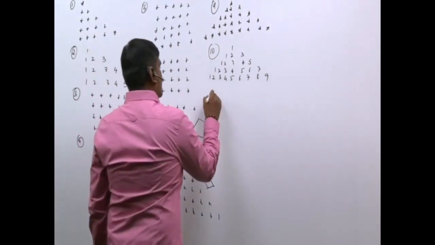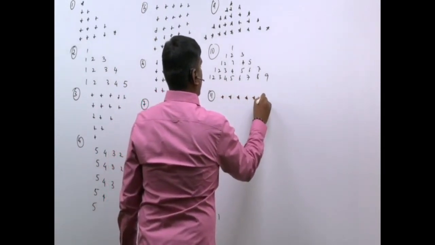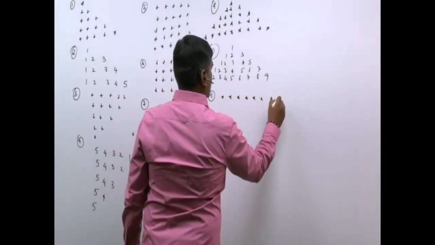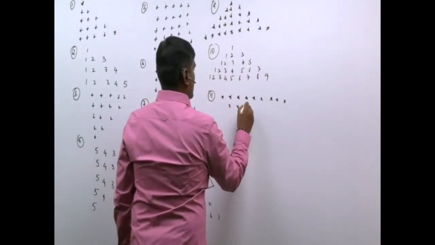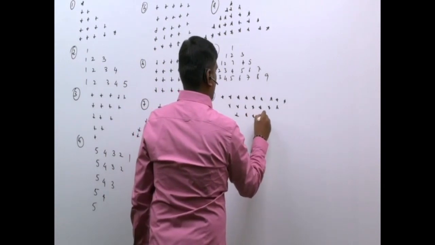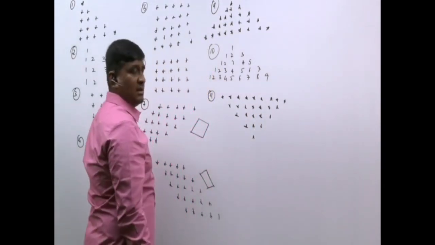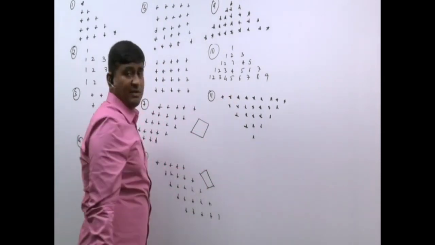Or they may want an inverted equilateral triangle like this. The same thing they may ask you in the form of numbers also.